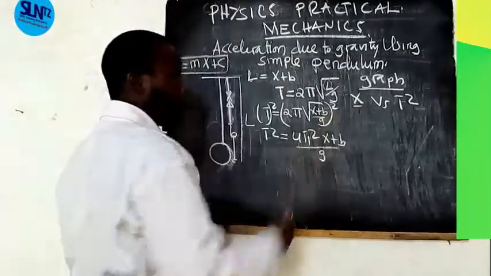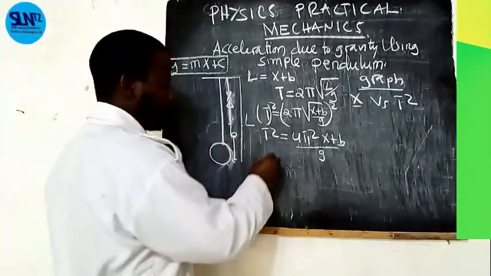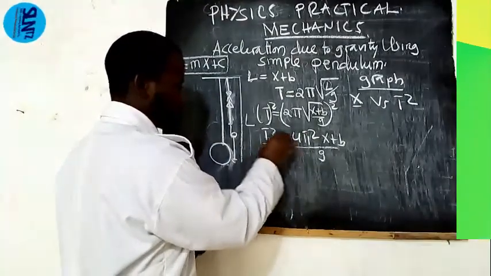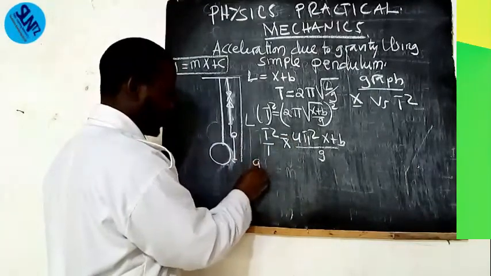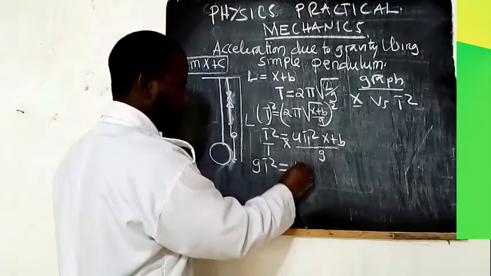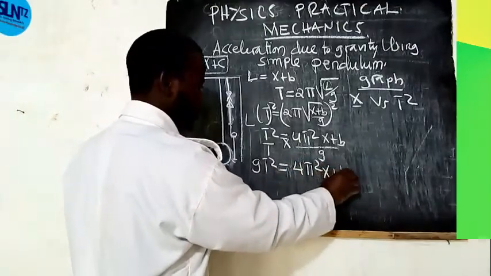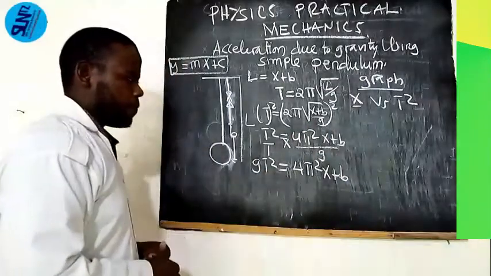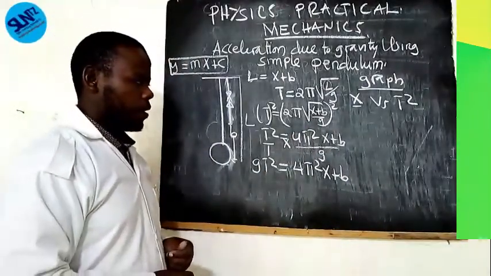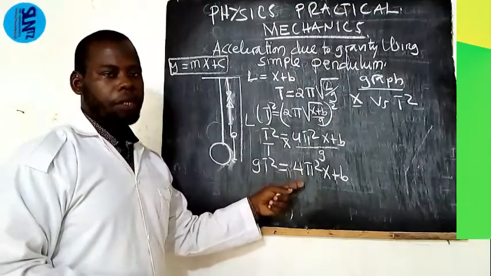In order to make x the subject, we multiply through, so g t squared is equal to 4 pi squared times x plus b. But we want x as the subject.